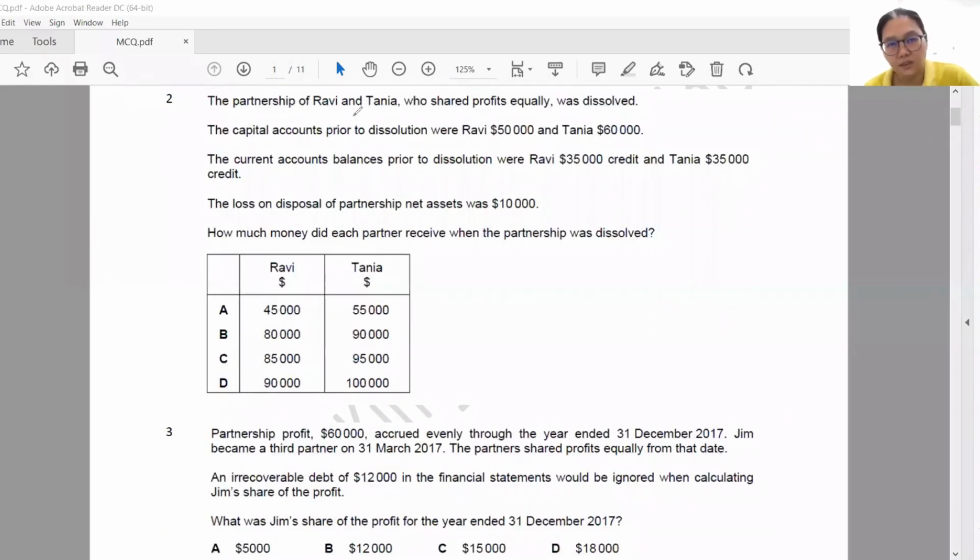The partnership of Ravi and Tanya, who share profit equally, was dissolved. The capital accounts prior to the dissolution were Ravi 50,000, Tanya 60,000.